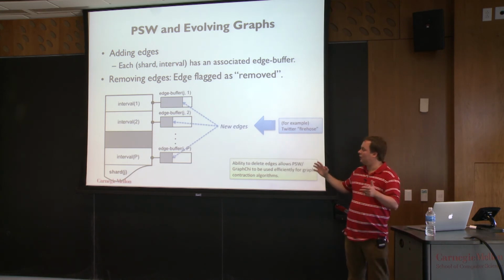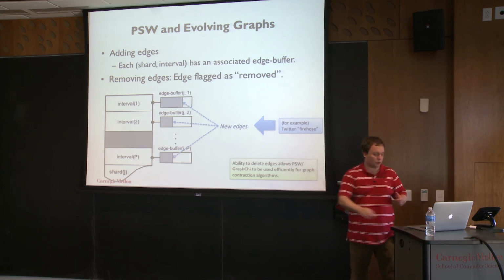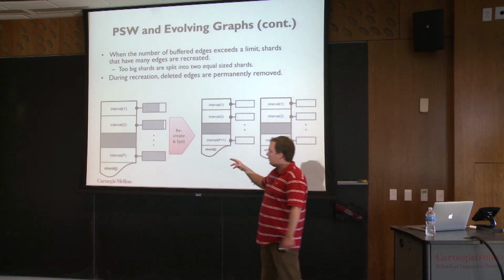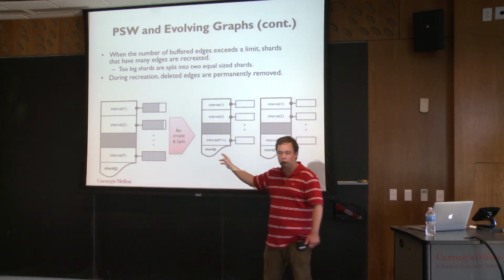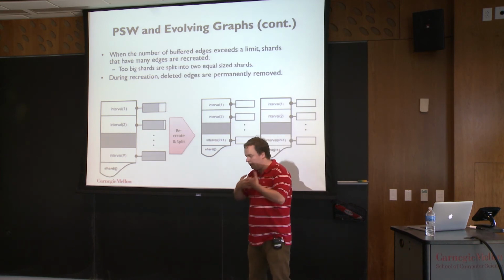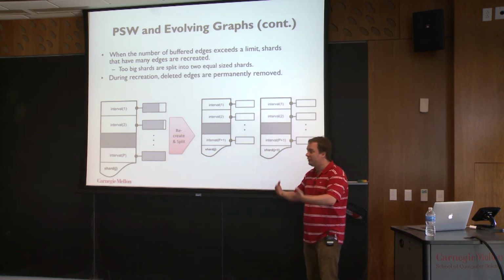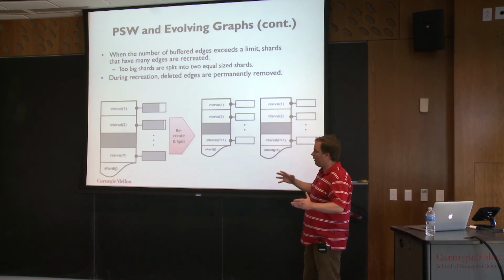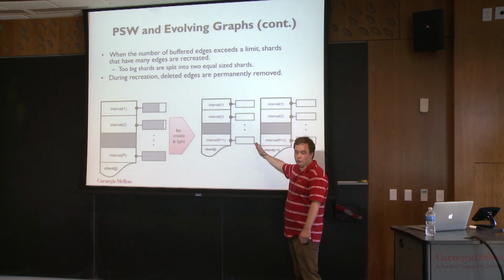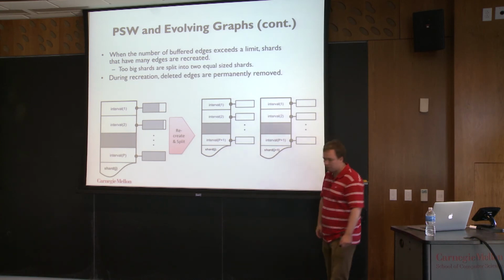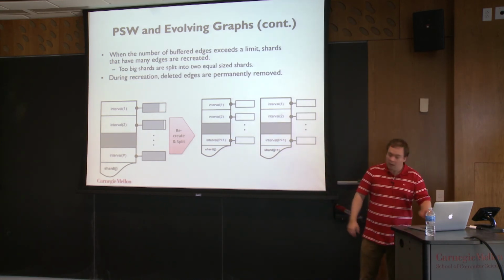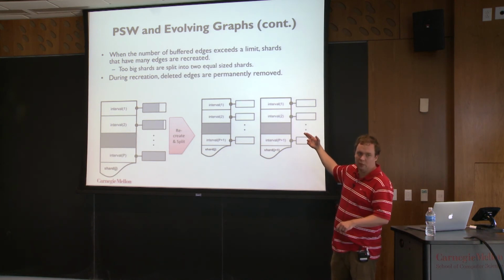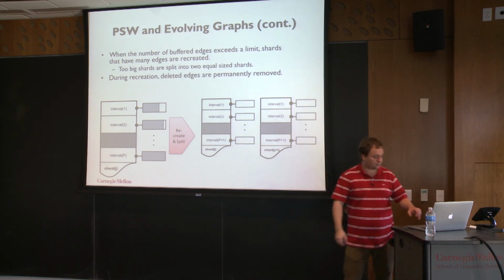So now what happens when there are too many edges in the memory? What we do is we take such shards which have a lot of new edges in them and write them on the disk. We recreate the shards on the disk. And if they become too big to fit in memory, we can split them into two. And at the same point, when we rewrite the shards, we can also remove edges that were deleted, like permanently.